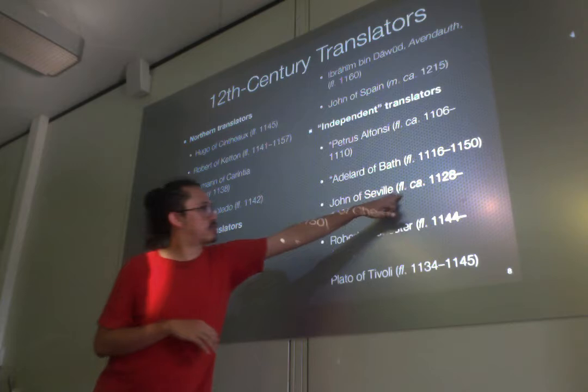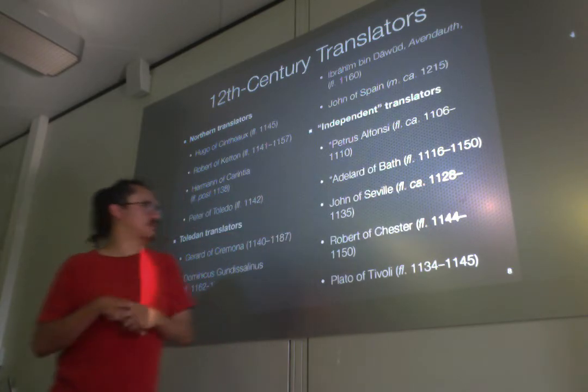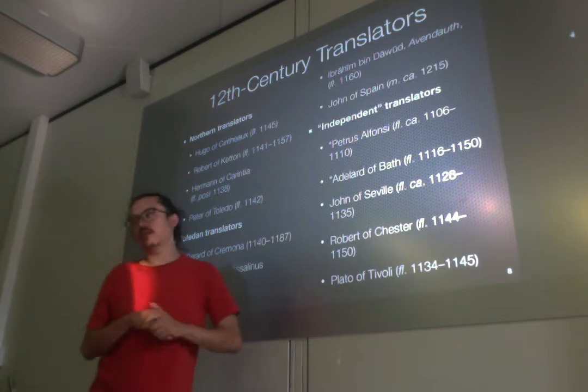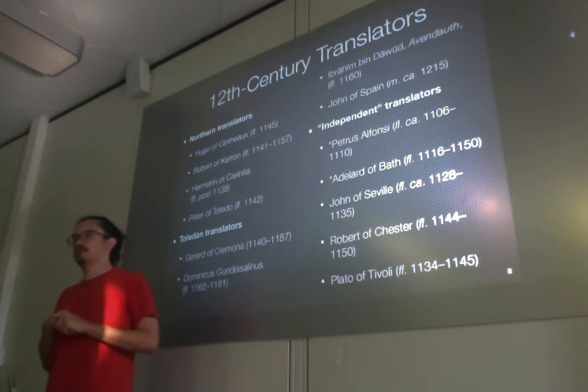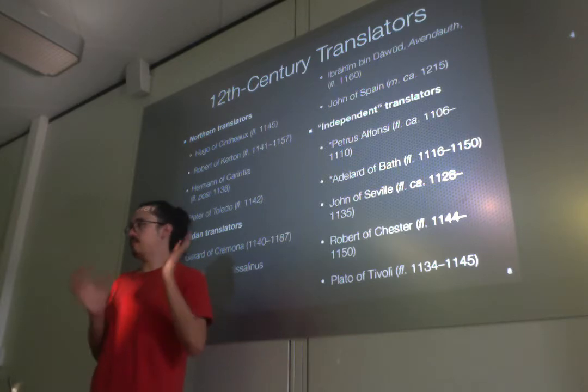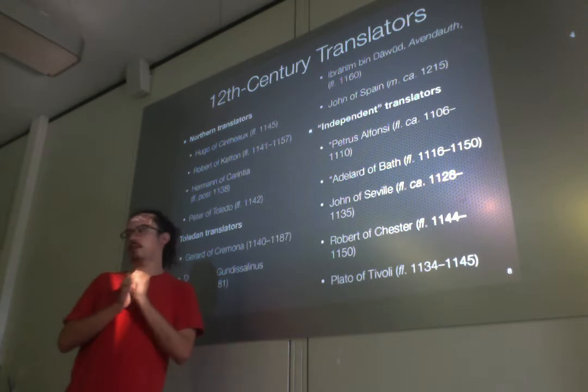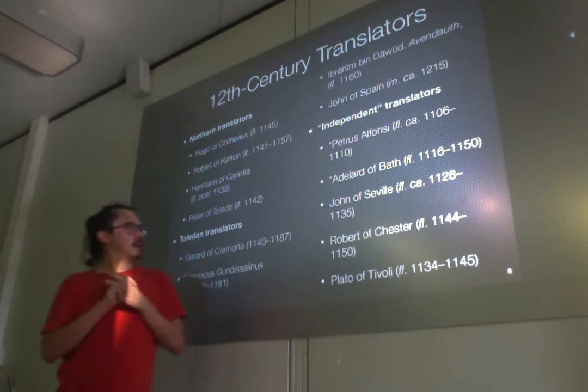John of Seville, who we can see is among the earliest translators, worked in Limia, as it's called in Latin, the Valle de Lima, this region of North Portugal and Galicia.